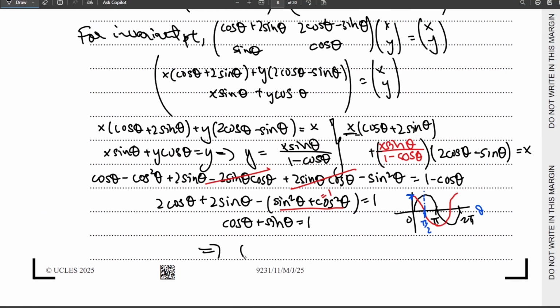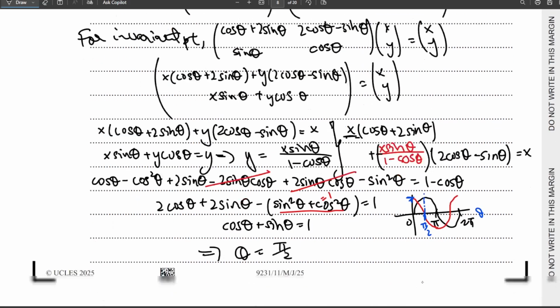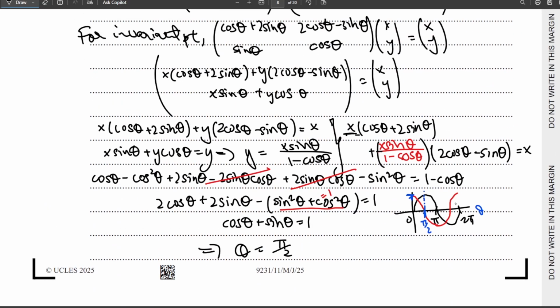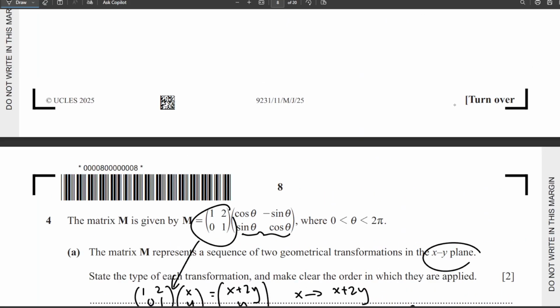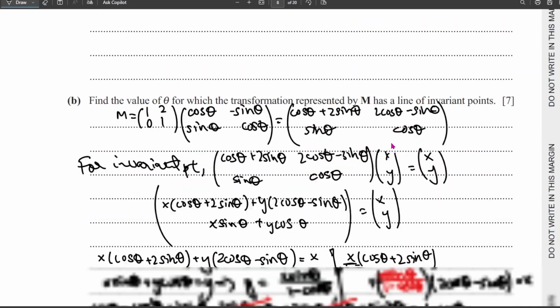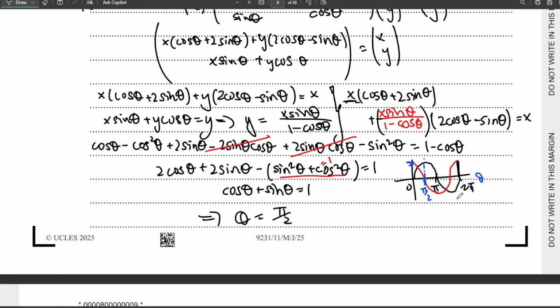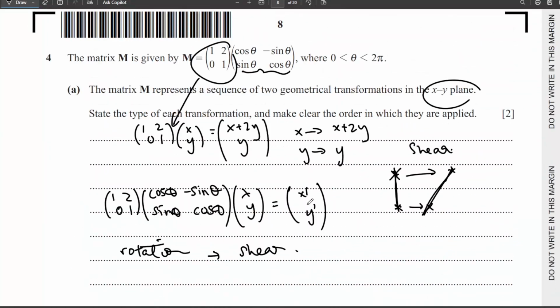This gives us theta equals pi over 2. We don't need to worry about the other case, which will be at 2 pi, also not included in our range here. So this is the only answer for which this is true in the range.